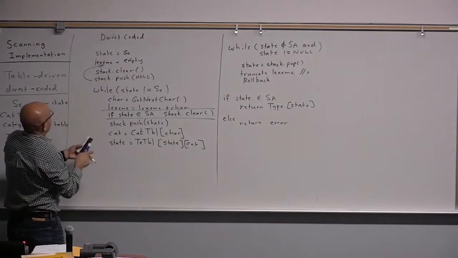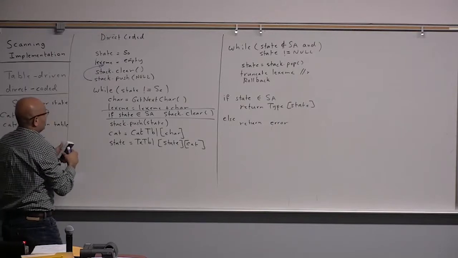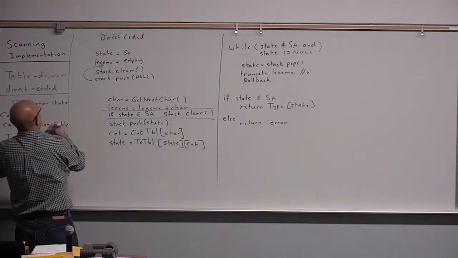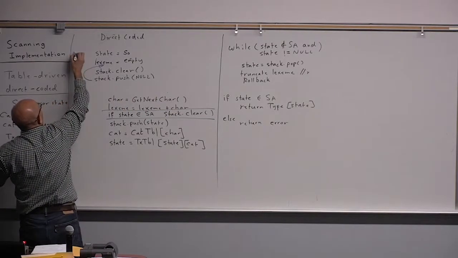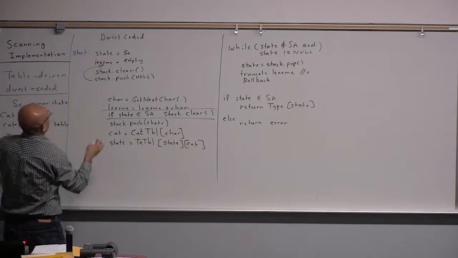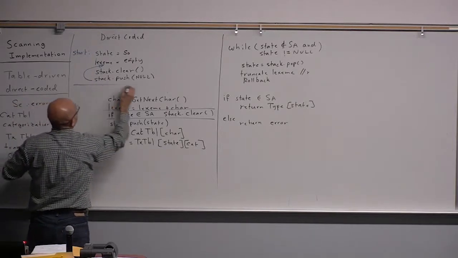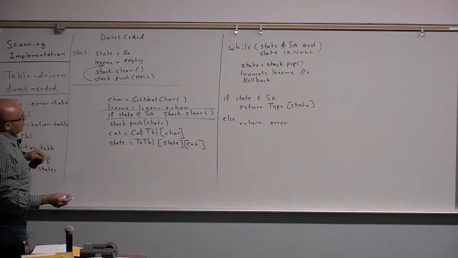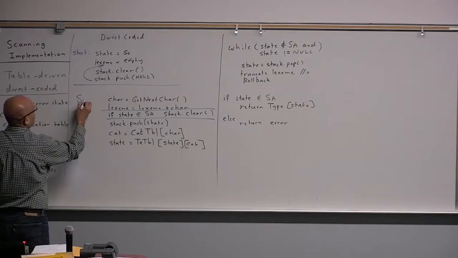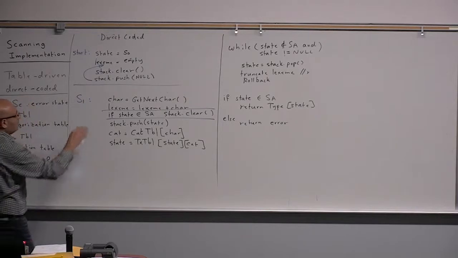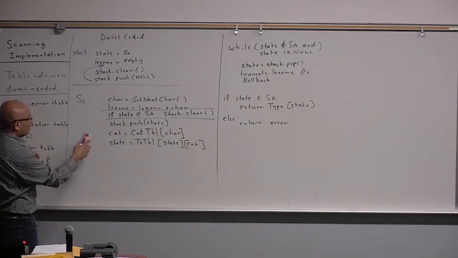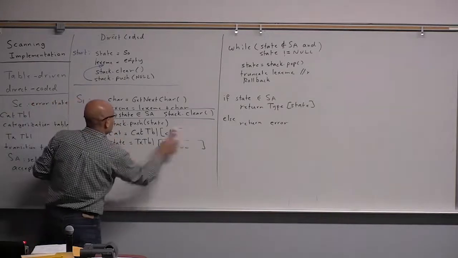So in this one, we will not have a loop. And this is going to be our start or initialization code. Then, instead of having a loop, there will be states. This is, for example, state 1. And in state 1, you read the character, you get the lexeme, you push it, but you don't have the tables.